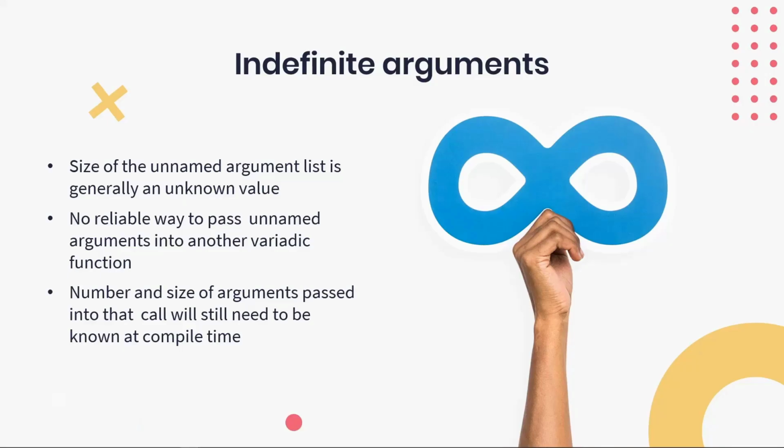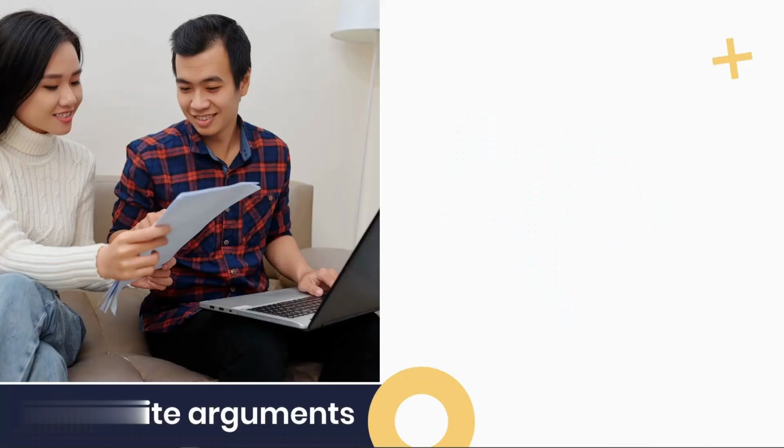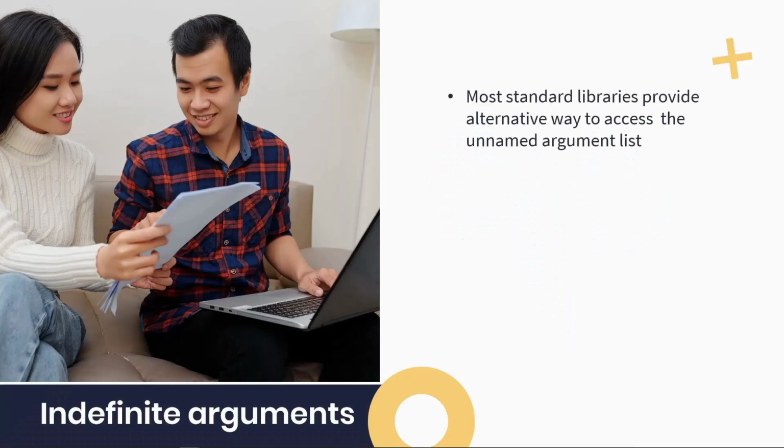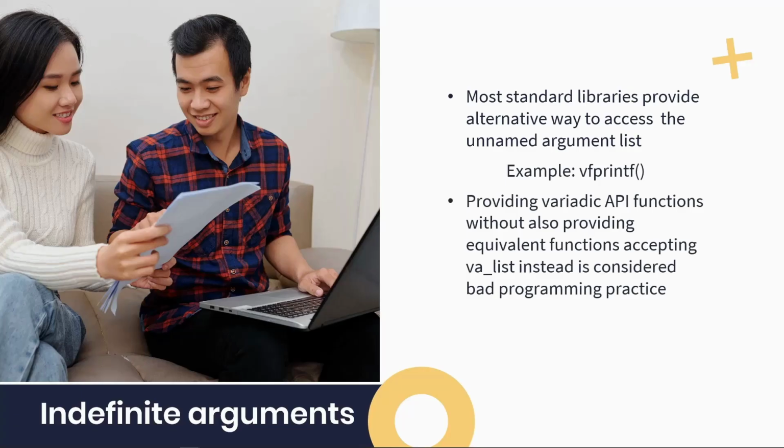You could, to some extent, get away with this restriction by using variadic macros instead of variadic functions. In addition to that, most standard libraries provide an alternative way to access the unnamed argument list. For example, an initialized VA list variable instead of the unnamed argument list. An example of this is vfprintf, which is an alternative to the fprintf function.